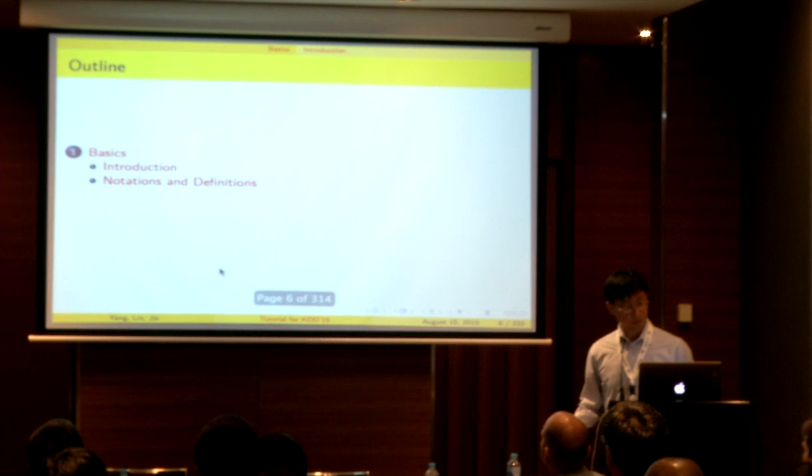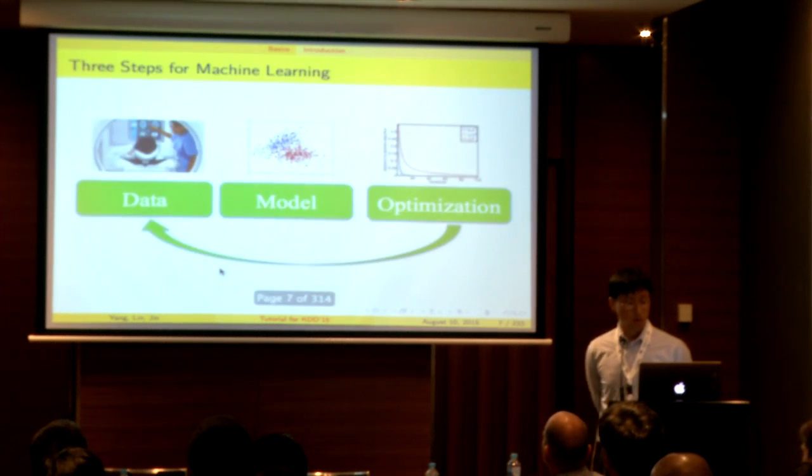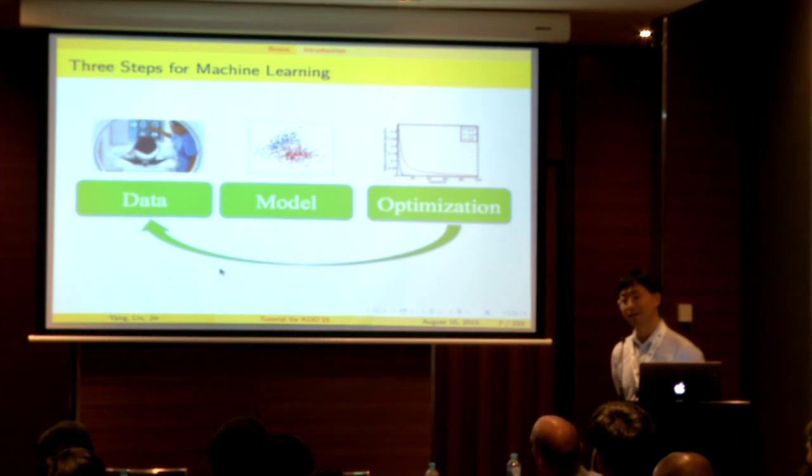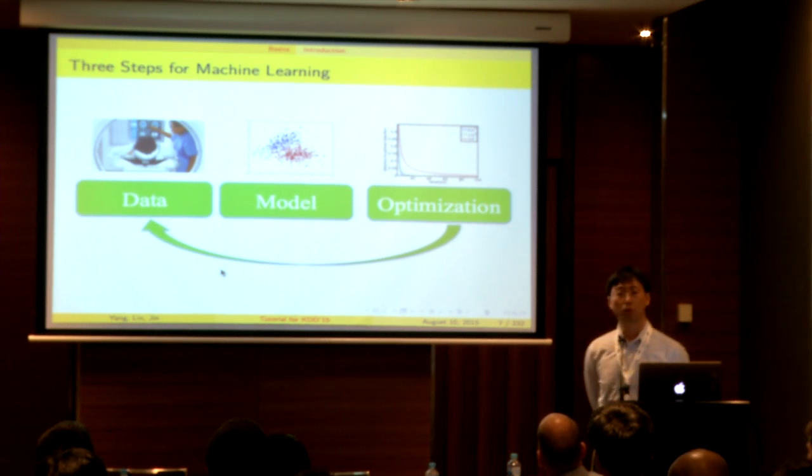First, some introduction. Here I show you the general 3 steps for machine learning and data mining. The first step is collecting the data. Without any data, you can do nothing. The second step is usually building a model, and the model will depend on what type of task you are interested in.